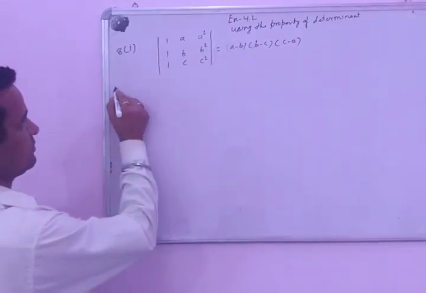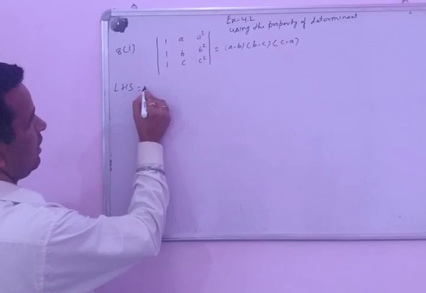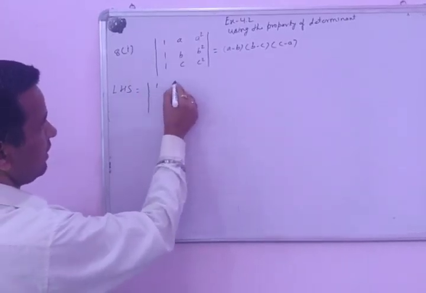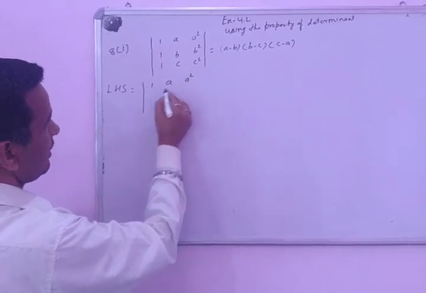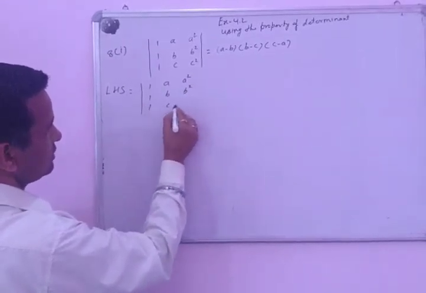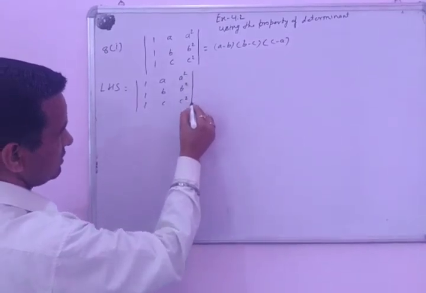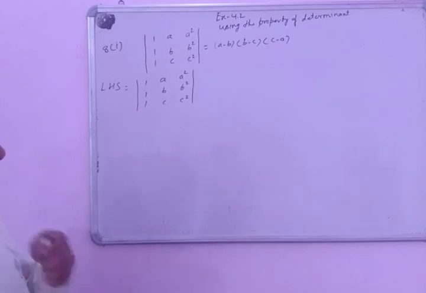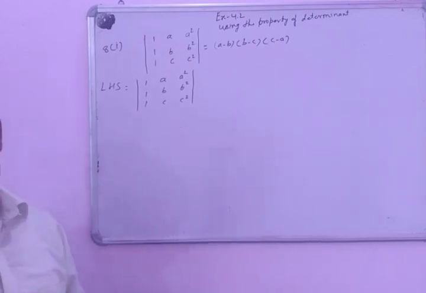Now LHS side. I am taking this: 1, a, a square; 1, b, b square; 1, c and c square. This is the LHS side. Now observe this. How to find this? Using the properties of determinants.